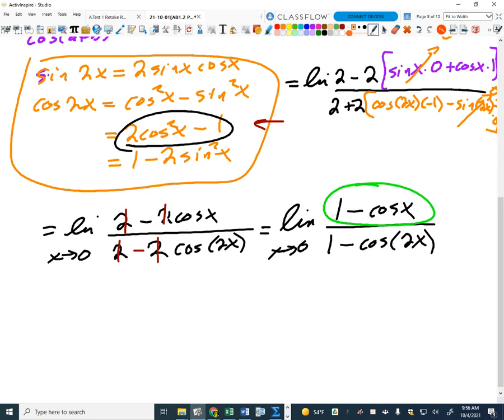The conjugate, right? Because 1 minus cosine x times 1 plus cosine x would give us 1 squared minus cosine squared. Well, 1 minus cosine squared is what?